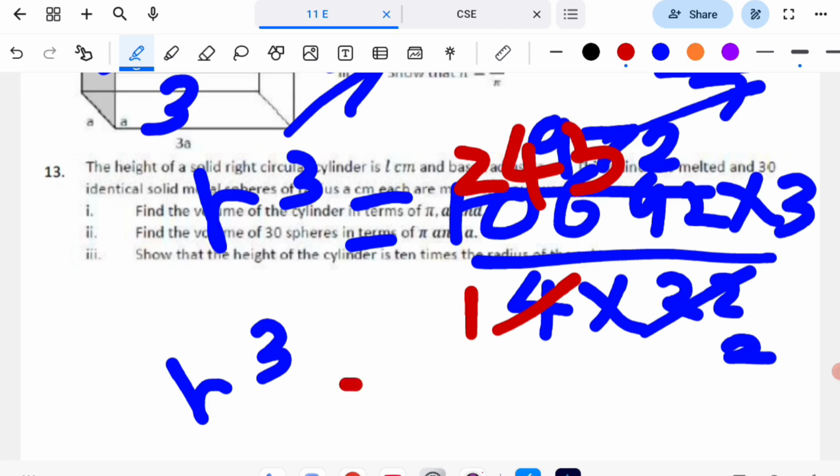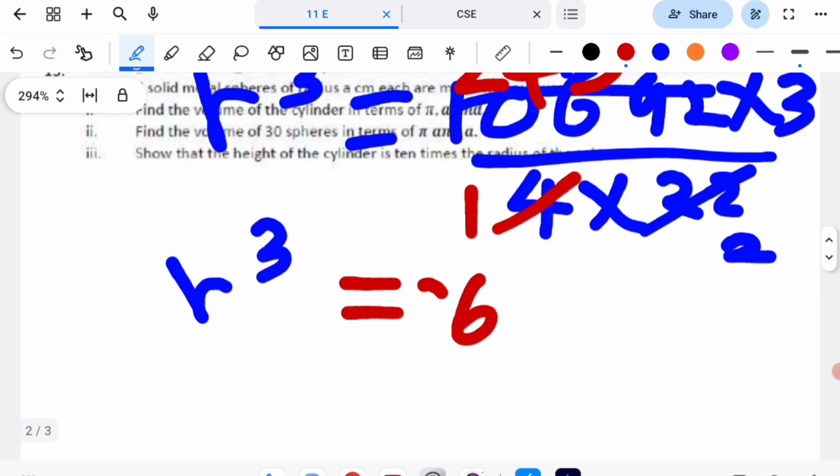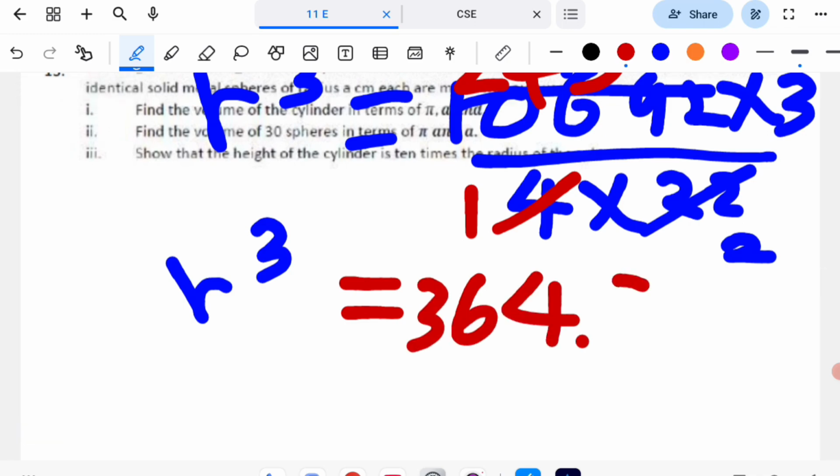Now we can multiply it by 3, and the denominator is 2, divide by 2. 364.5.